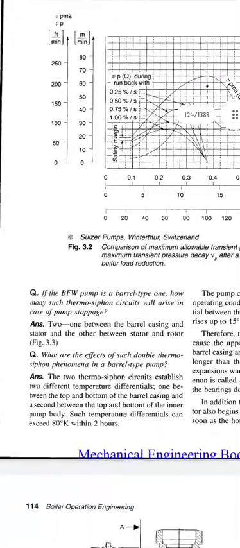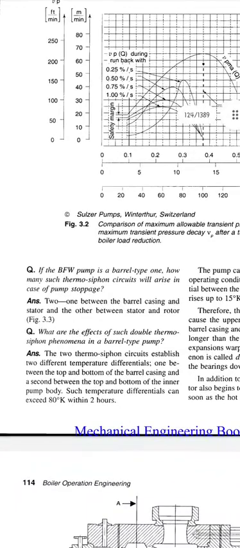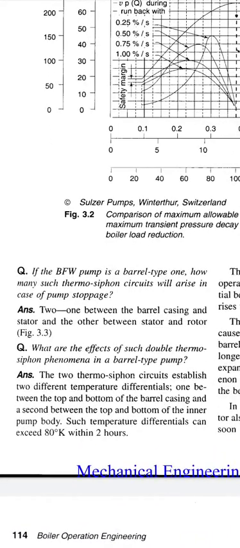The question: if the boiler feed water pump is barrel type, how many such thermosiphon circuits will arise in case of pump stoppage? Answer: 2. One between the barrel casing and stator, and the other between stator and rotor. Again repeating, one between the barrel casing and stator, and the other between stator and rotor.